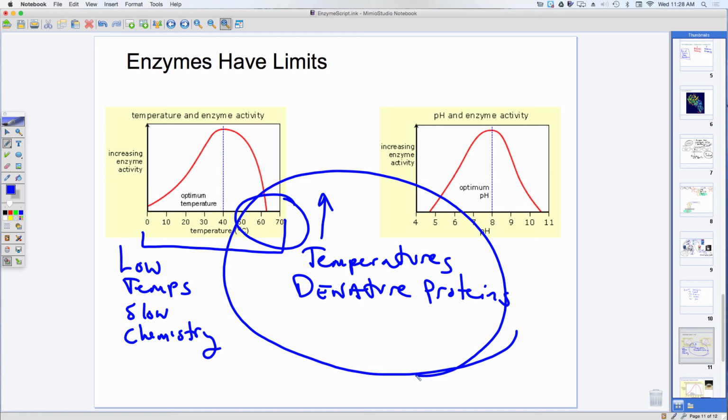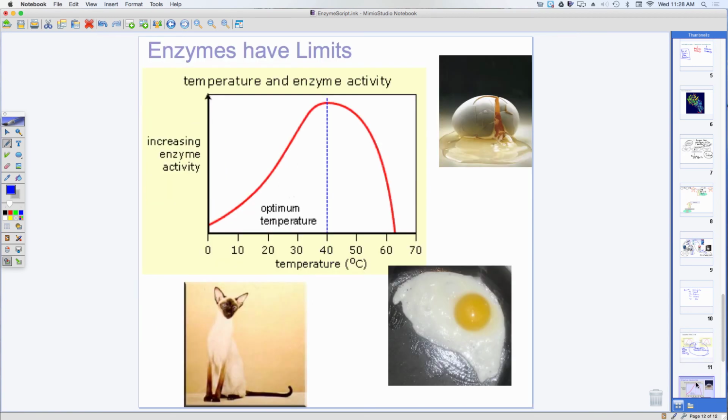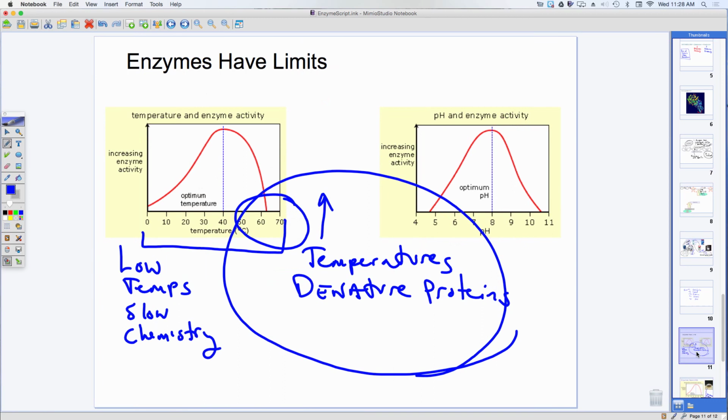When you have a fever, you feel aches and pains because your proteins are breaking apart or denaturing. When you take an egg and you heat that egg and you go from clear to solid white, this is a denatured protein. The heat breaks the amino acids and the protein no longer functions.